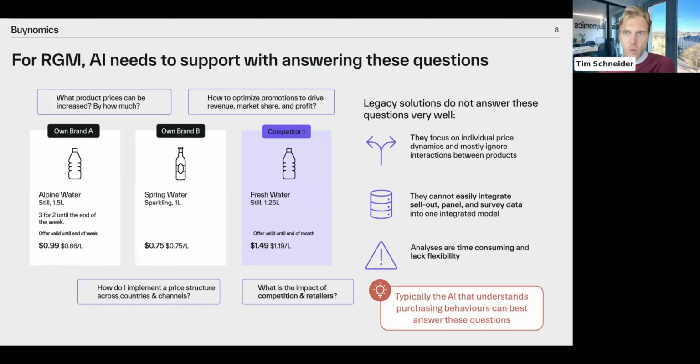And ultimately, all of these questions need to some degree be answered not by the AI that knows the most, which is typically GenAI, so typically large language models, they know just a lot of stuff, but rather by the AI that understands best purchasing behaviors. Because based on the purchasing behavior information, you can actually predict what will happen in the market if any price change occurs or any promotional change and so on.